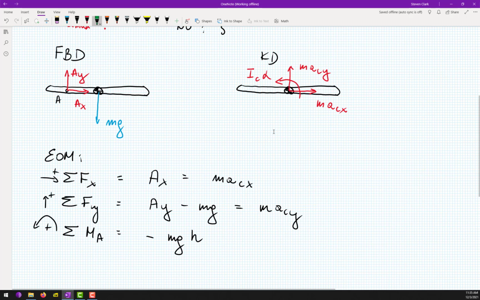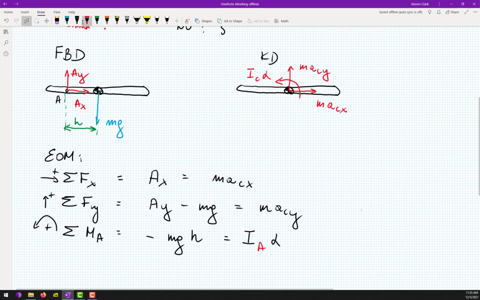Because that distance was defined as h. And this will be equal to AI alpha, yes? Not AC, but AI. I'm just gonna even make it red so that you guys remember. Or at least you pay attention to that subscript.